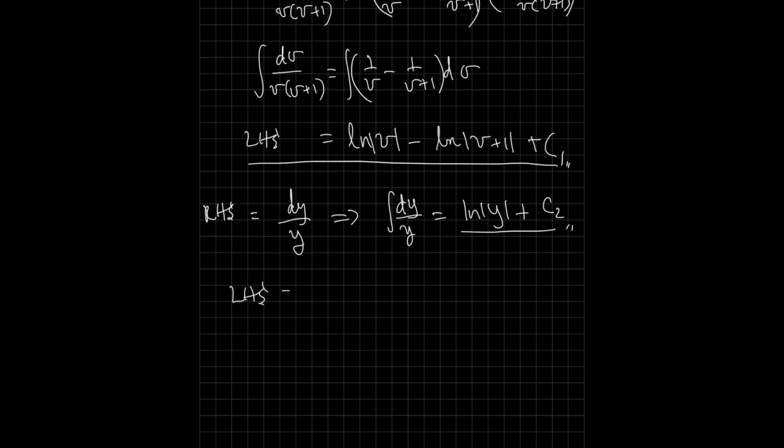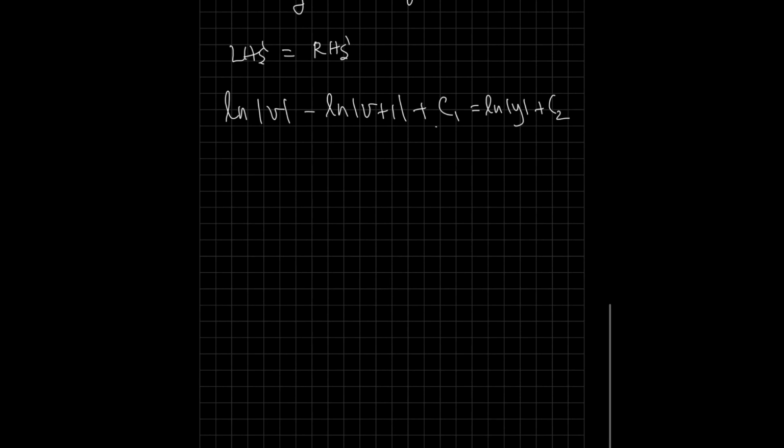And now the left-hand side must equal the right-hand side, and therefore ln v minus ln(v plus 1) plus c1 equals ln y plus c2.